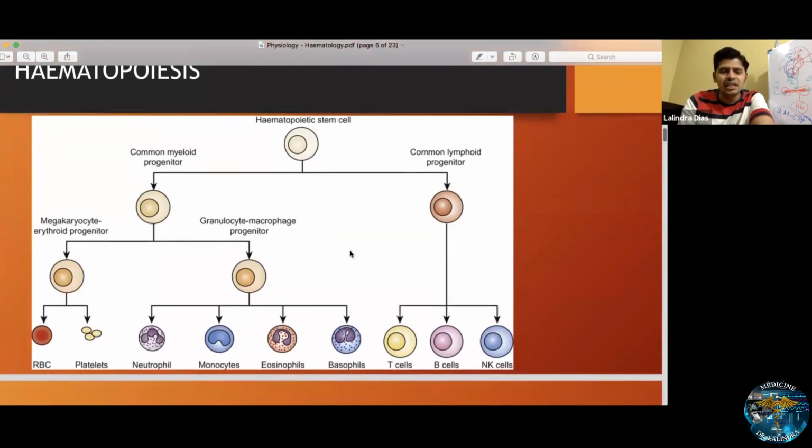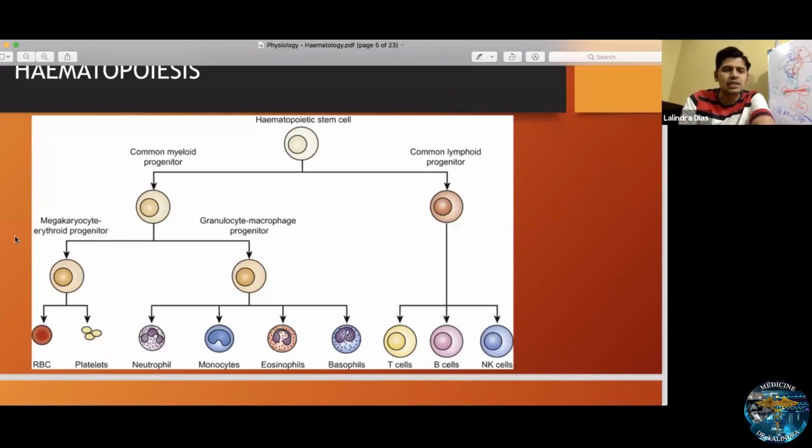So here it again shows the types of cells that you get. Here you can see the hematopoietic stem cell. From the stem cell, you have the myeloid progenitor and the lymphoid progenitor. From the lymphoid progenitor, you get the T cells, B cells, and the NK cell or natural killer cell. From the common myeloid progenitor, you have two pathways. One is the megakaryocytic erythroid progenitor. Megakaryocytic means platelets. Erythropoietic means red cells.